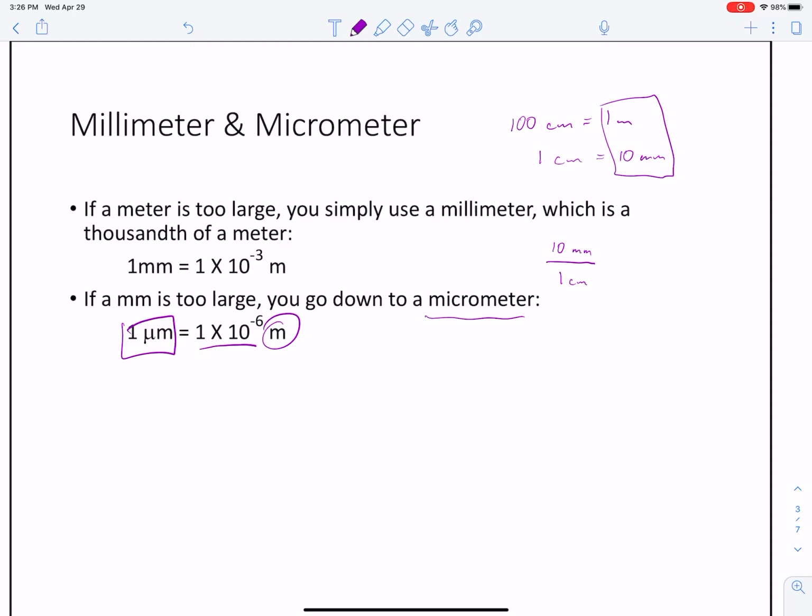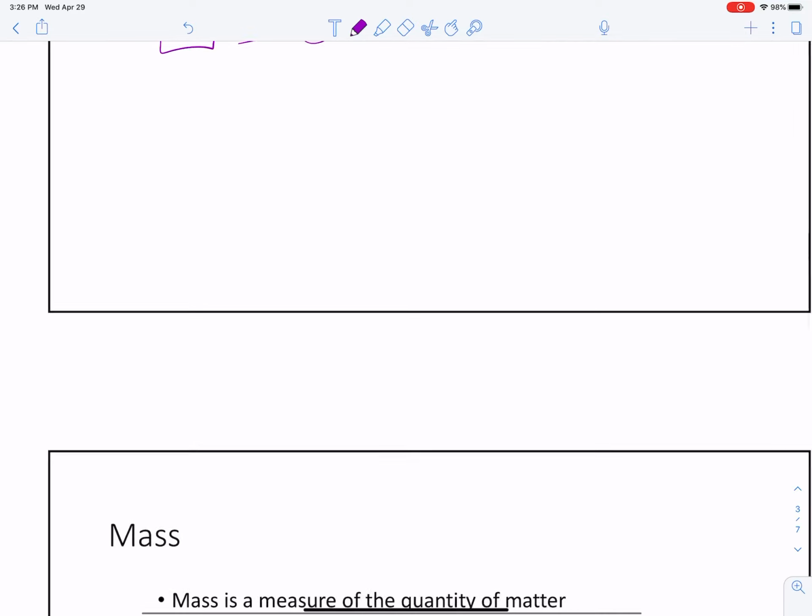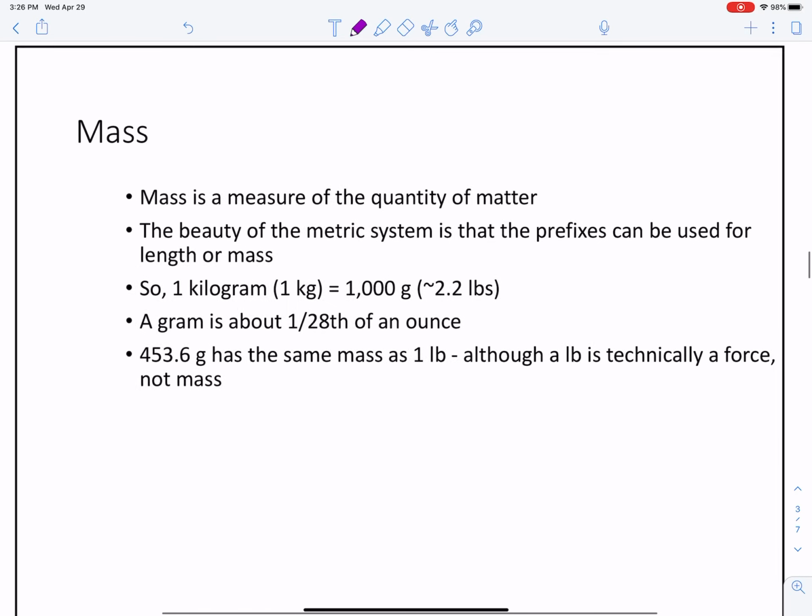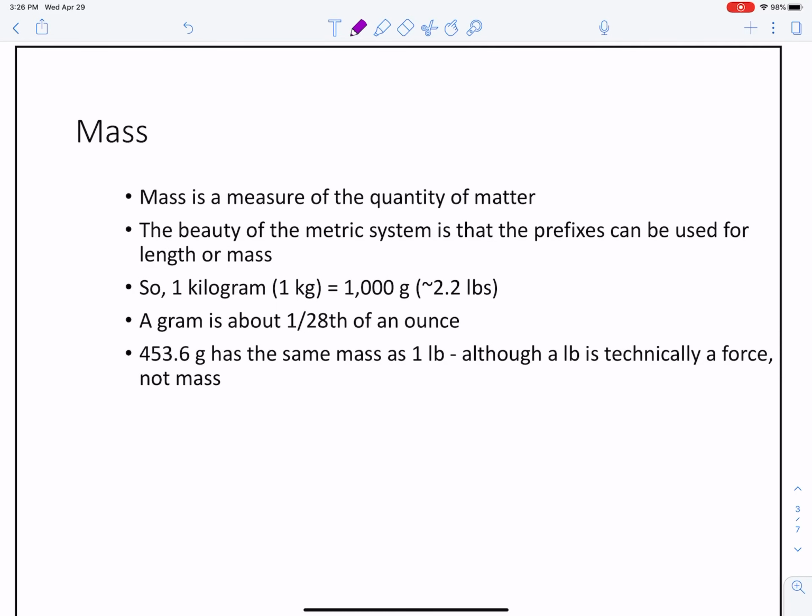So a micrometer is incredibly small. Now, as this plays out, we can also look at different types of units. The size thing is that prefix. So if you go kilo, it's 1,000 times bigger. If you go milli, it's 1,000 times smaller.